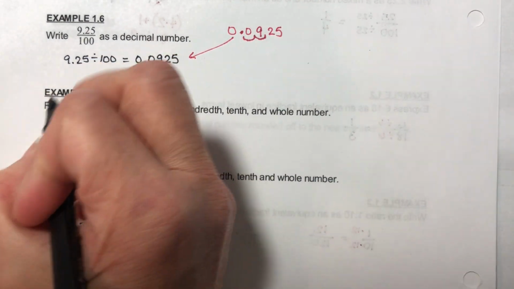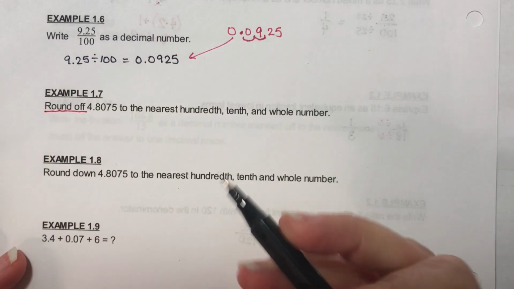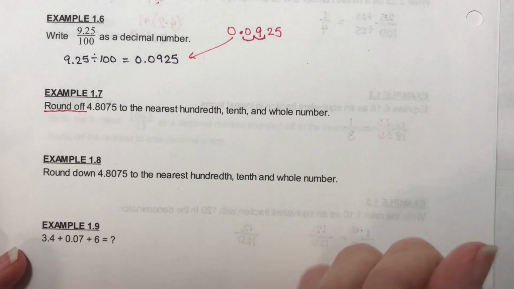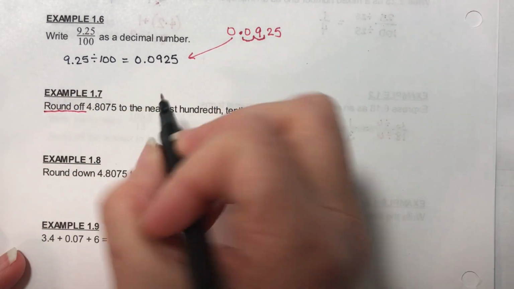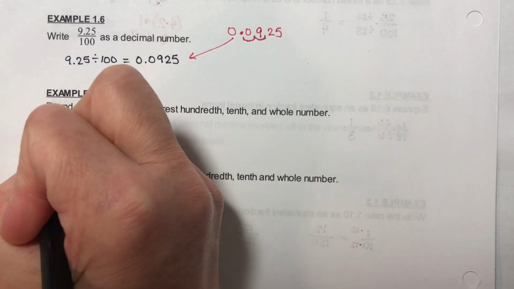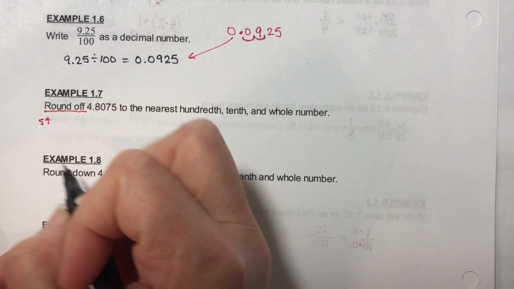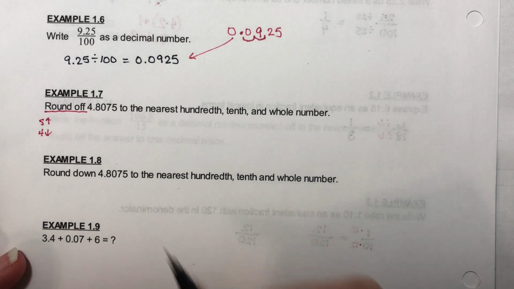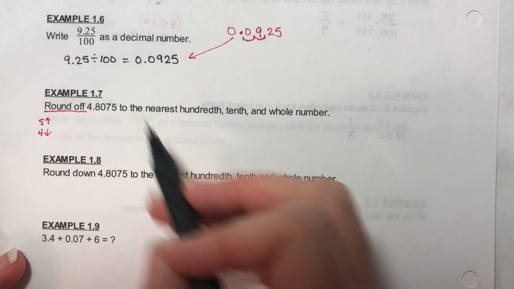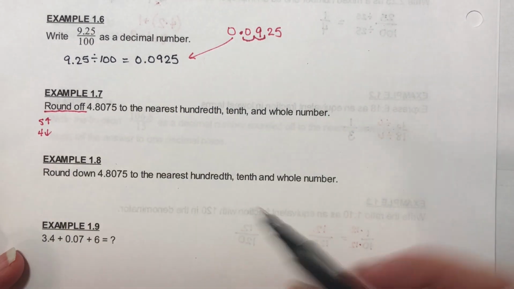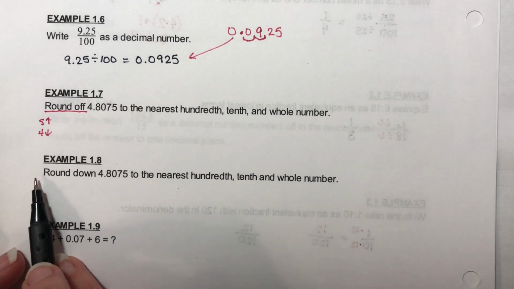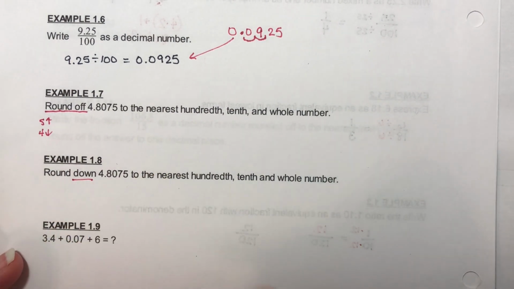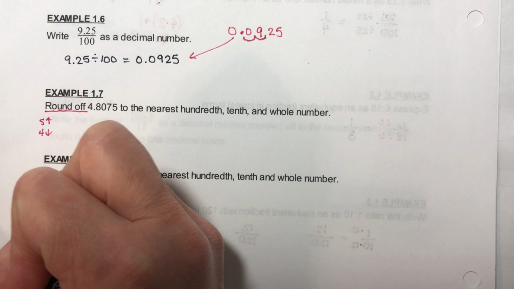If you see round off, this is normal rounding, where if the digit you're looking at is a 5 or up, it goes up. If it's 4 or below, you round down. This is the stuff you learned whenever you first learned rounding. Rounding down, you're always going to go down.